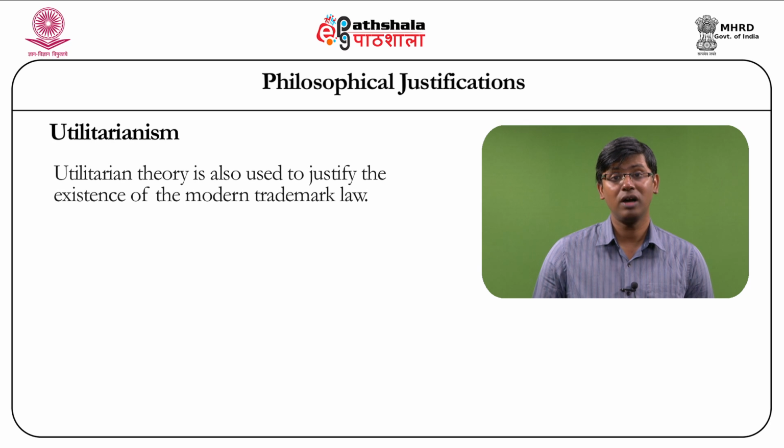If there are no marks on a particular product, then the search costs, that is, finding out which product is of quality, would take a lot of time for consumers. This results in a wastage of time and money because consumers could be deceived at any point if marks are not protected.